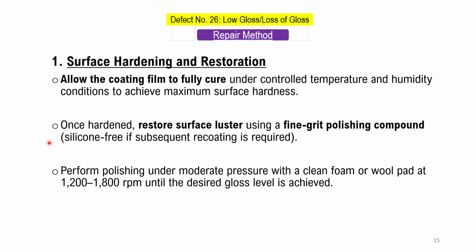Once hardened, restore surface luster using a fine grit polishing compound, silicone free if subsequent recoating is required. Thereafter, perform polishing under moderate pressure with a clean foam or wool pad at 1200 to 1800 RPM until the desired gloss level is achieved.